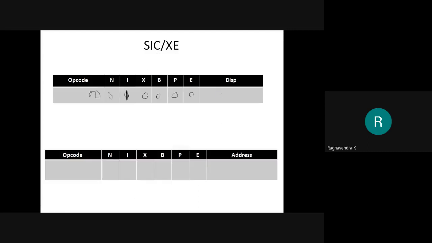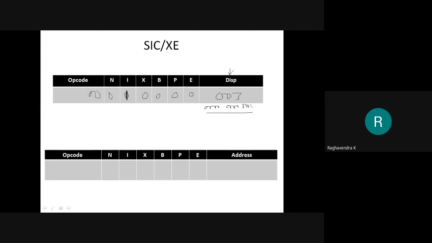The operand is 3, so write 3 here. I am writing 003 here because even if I expand, it does not make any difference. But you can actually expand it and show it in your calculations. I can directly write it like this because it's a 12-bit displacement.